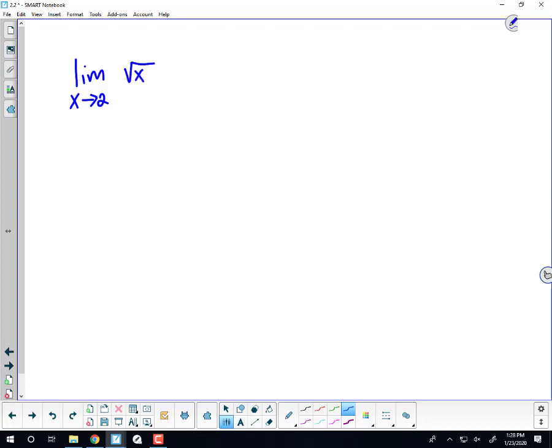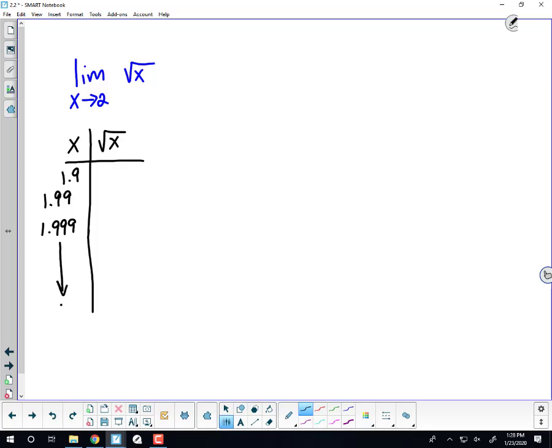of the square root of x, then one thing we could do is say, all right, here's an x value, here's the square root of x. Let me make x 1.9 and then 1.99 and so forth. And then we would just calculate these values. What's the square root of 1.9?